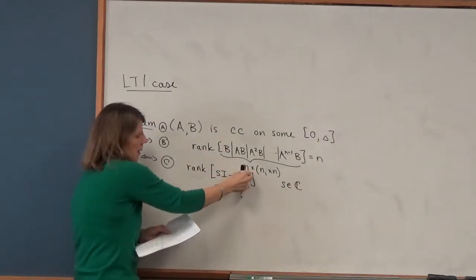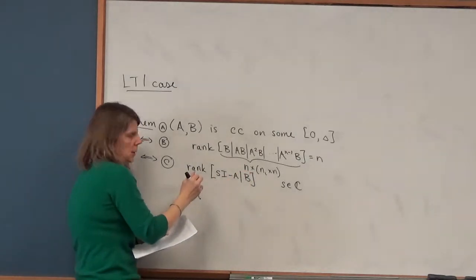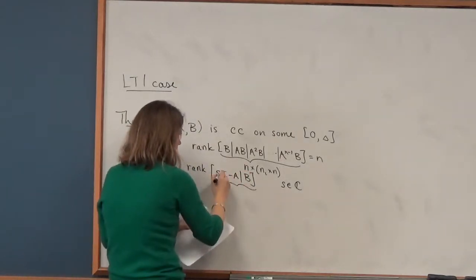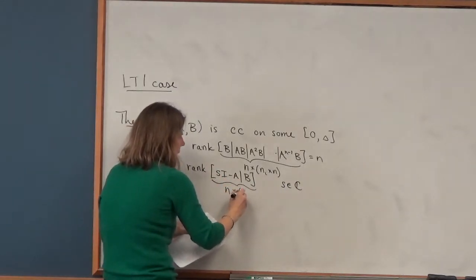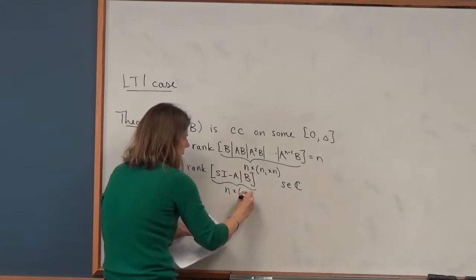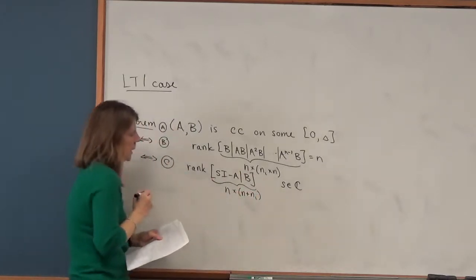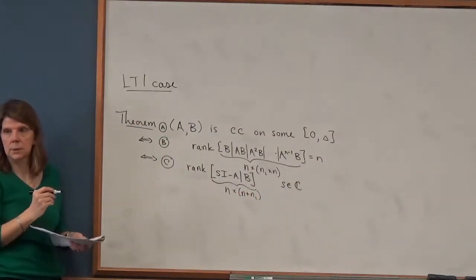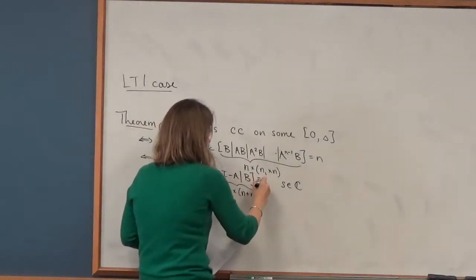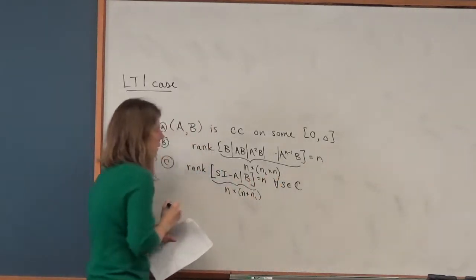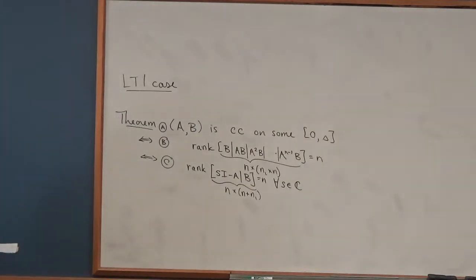And then I'm appending on an n by ni dimensional matrix. So this matrix has n rows and n plus ni columns, and it has to have rank n for all s in the complex plane.